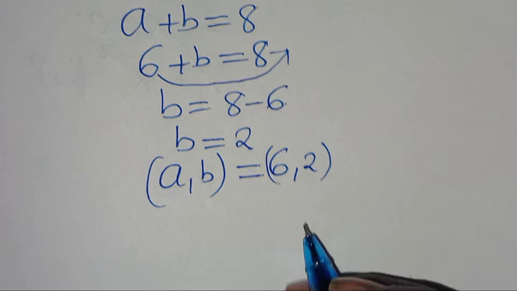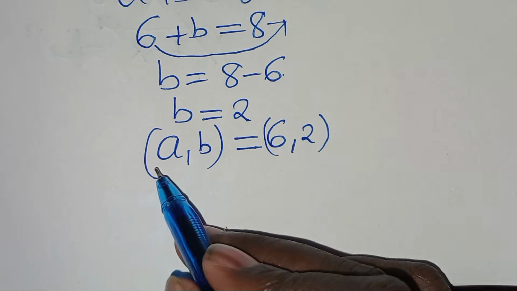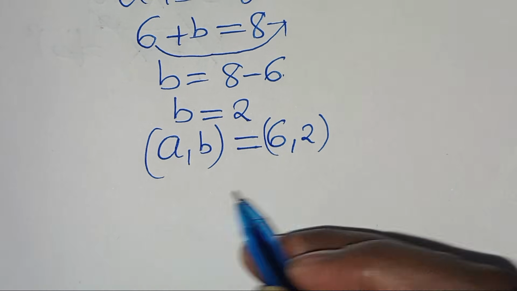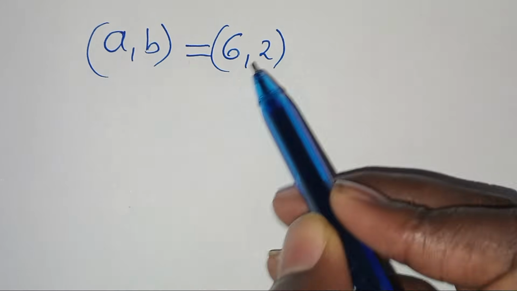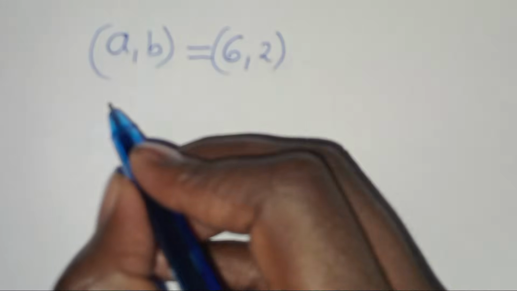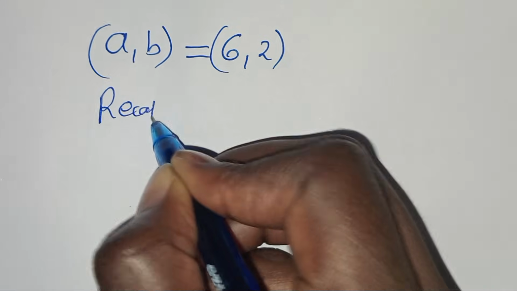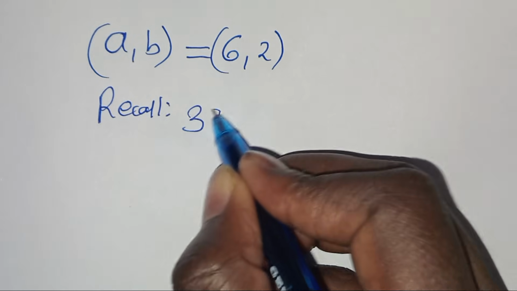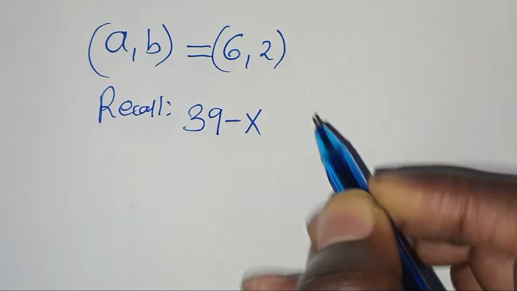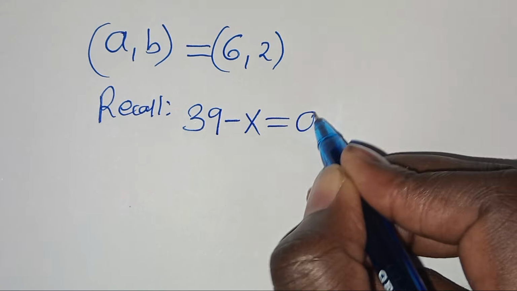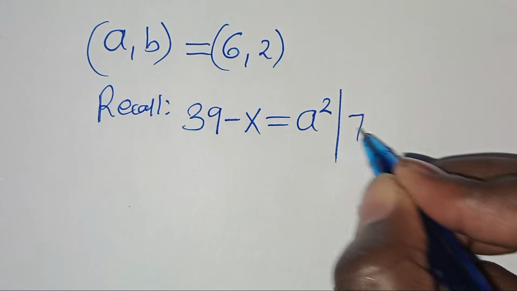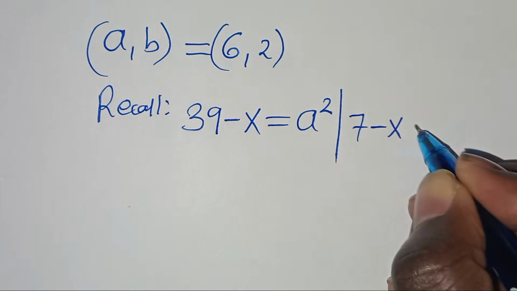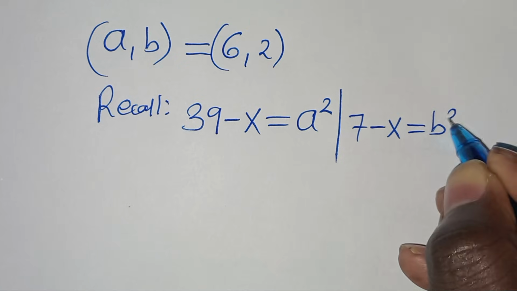Now let's apply method 2 from here. Since we have a comma b is equal to 6 comma 2, if you recall, we have that 39 minus x is equal to a to the power of 2, and we have that 7 minus x is equal to b to the power of 2.